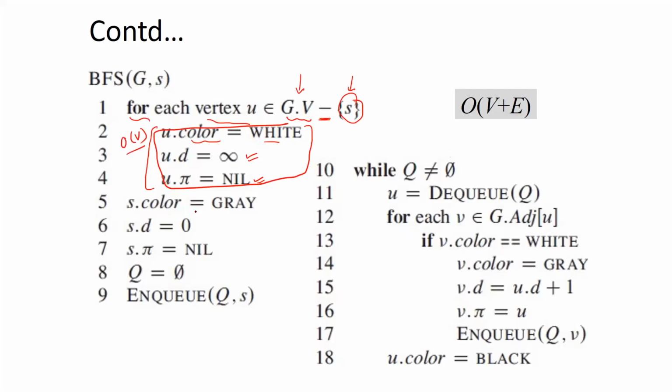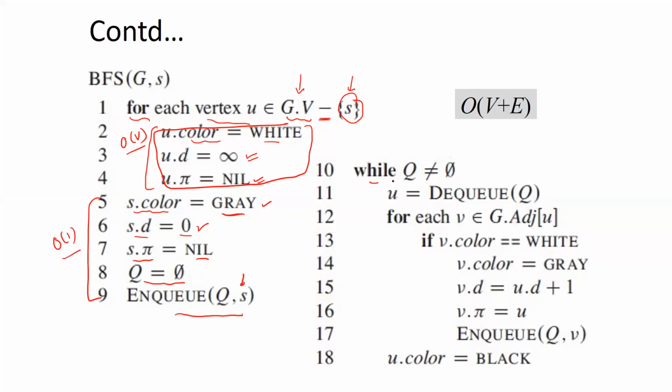One for loop is there. Then the source vertex color is set to gray. That is the first vertex which is being added into the queue, and the distance from the source vertex to itself is 0. Its predecessor is nil, and initially the queue is empty, and we are enqueuing that source vertex into the queue. This chunk of operations will take a constant amount of time.